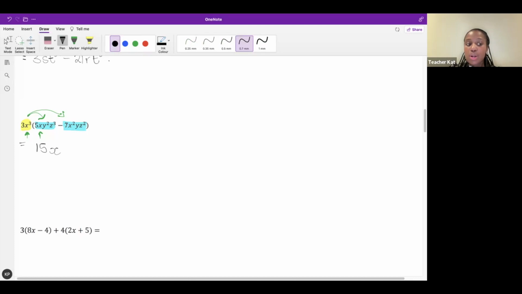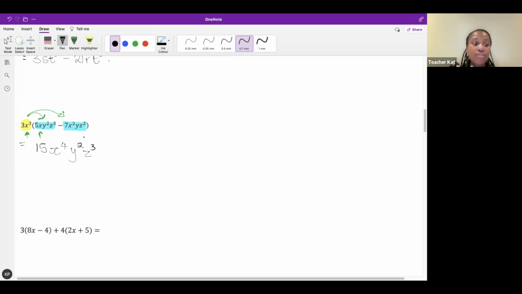And according to the laws of exponents, when you multiply, what are we supposed to do with the exponents of x in this case? Because we have an x here and an x there, we add them. So then it will be x to the power of what? If I'm multiplying x cubed with just an x, then it will be x to the power of 4. Nice. And then y and z, you just write them as they are.